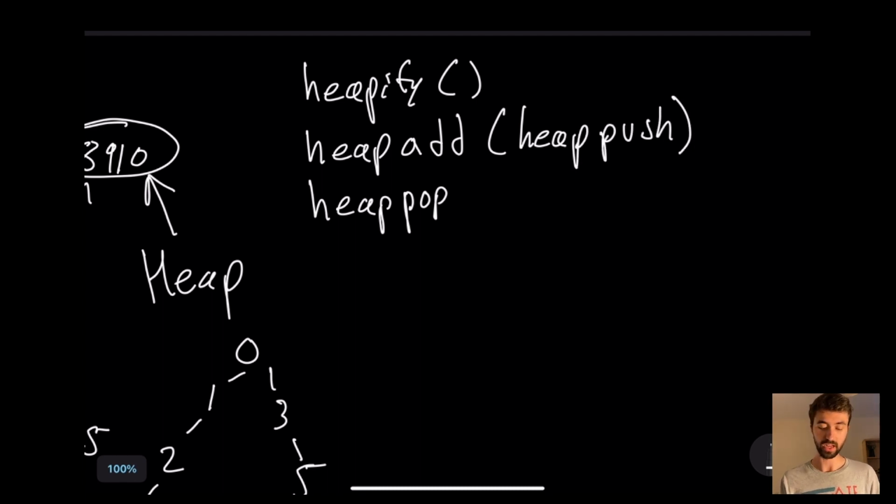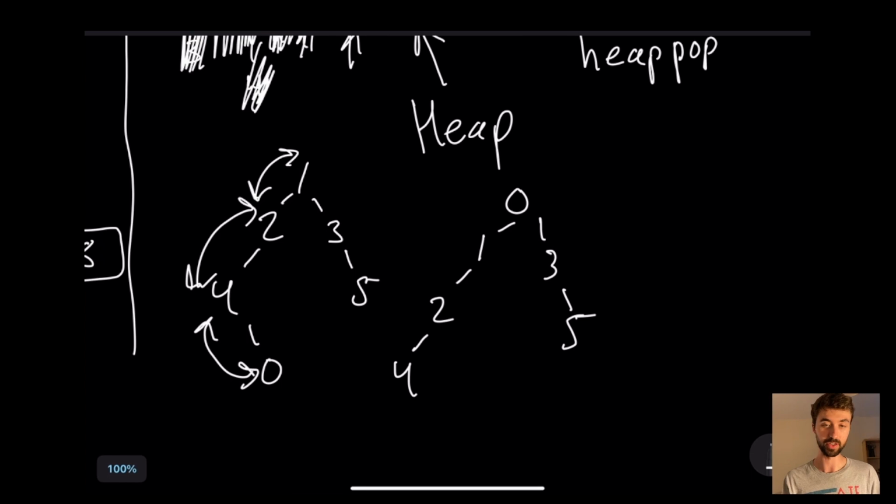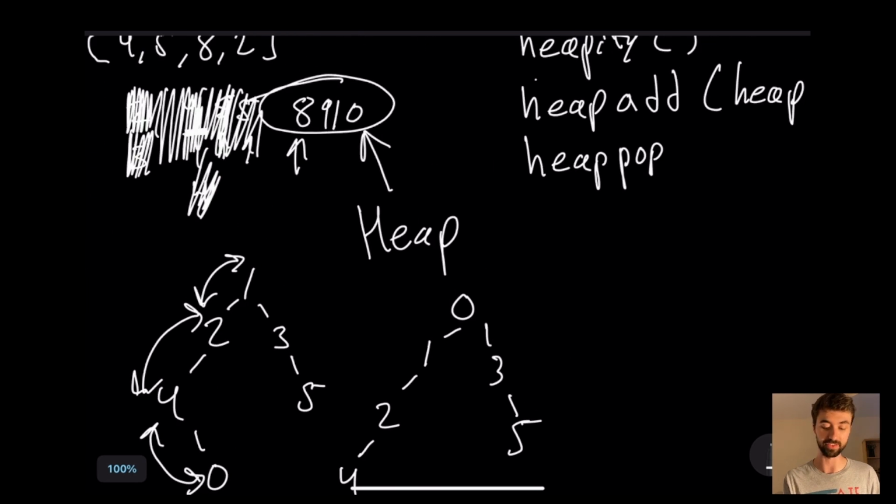Like that. And these allow us to add things to the heap and remove things from the heap. And the heap data structure, by definition, always leaves the top value as the smallest, even after both of these operations. So hopefully that makes sense. Now I'm going to switch over to the code and try to write this up.